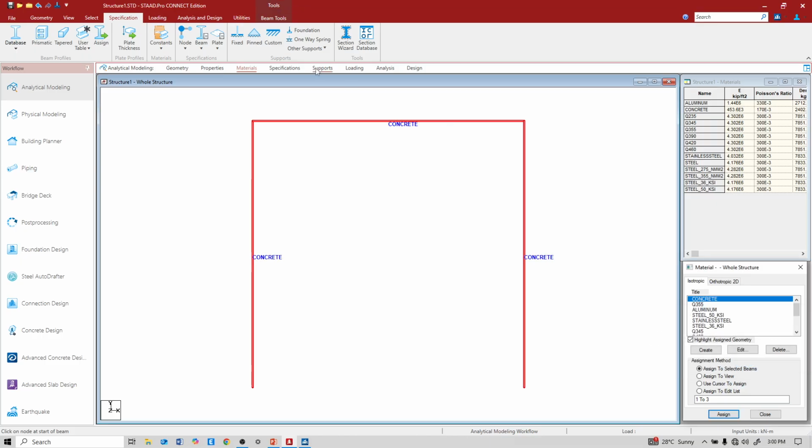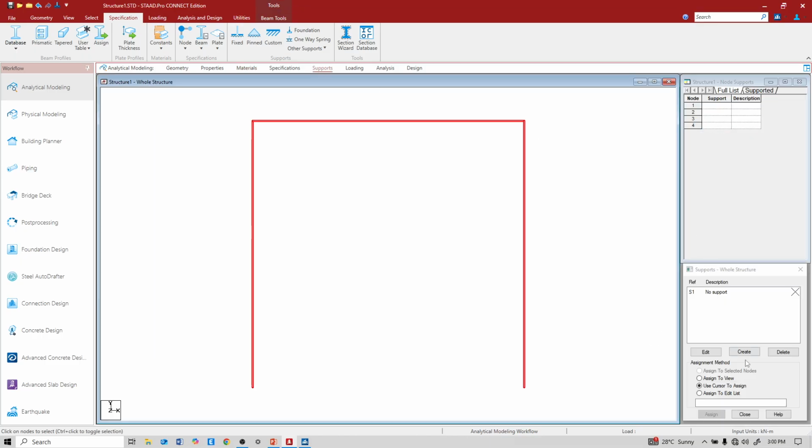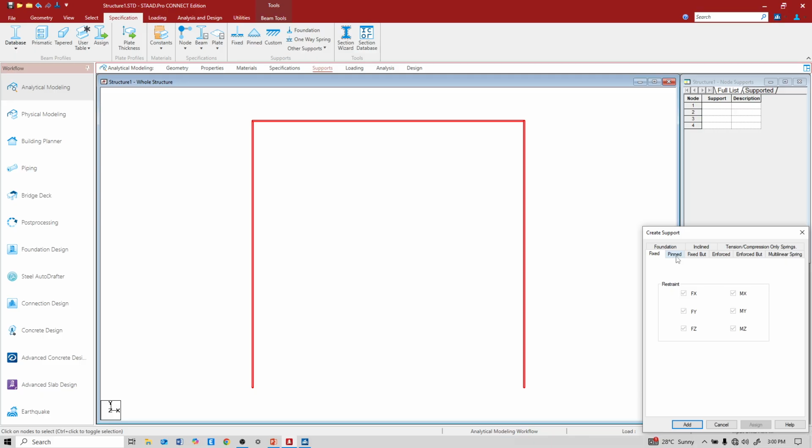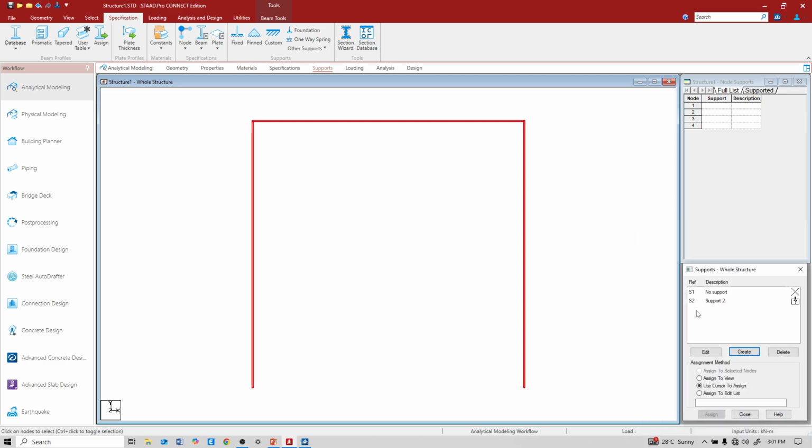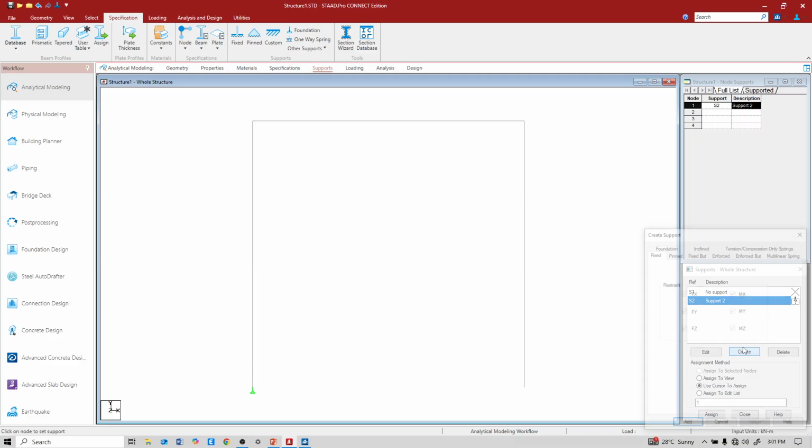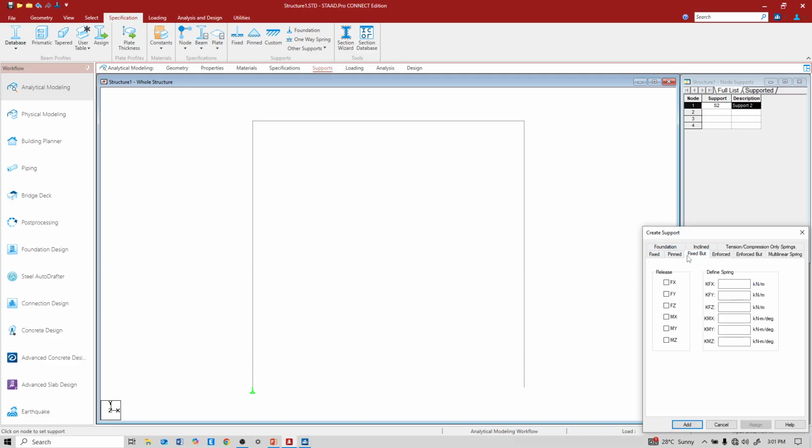Yes. Support. One is roller support, and one is pin support.